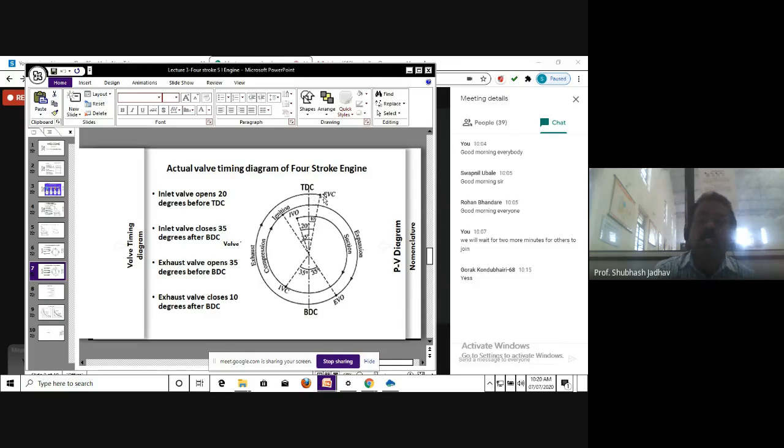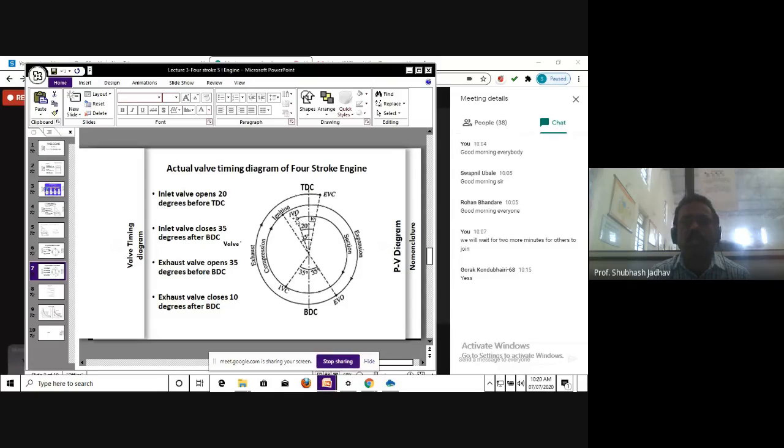So here we have to optimize. We cannot make it very near, or take it too far away. If we take it nearer, then exhaust is going to be affected. If we take it farther away, then the valve overlap period is going to increase and the fresh mixture is going to be lost.